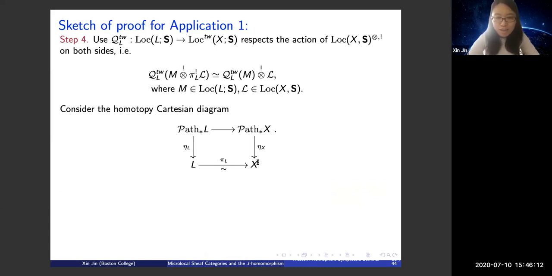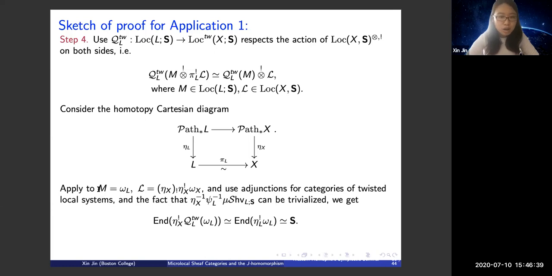We have X, and then we have this universal contractible space, whose homotopy fiber is the loop space of X. Because L to X is a homotopy equivalence, the pullback of this fibration is just the path space on L.